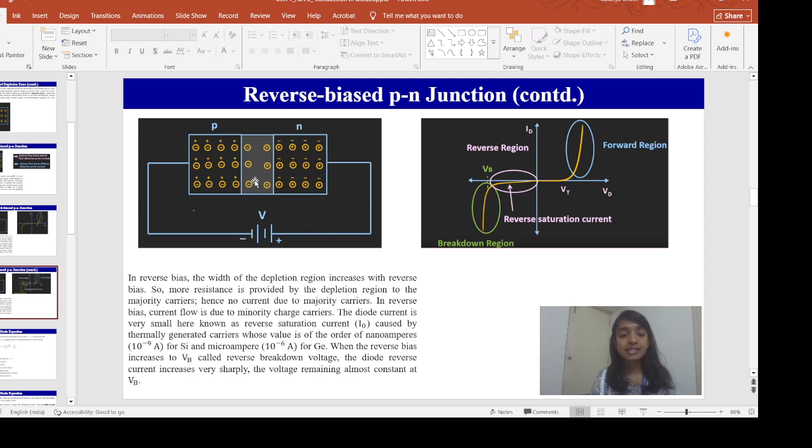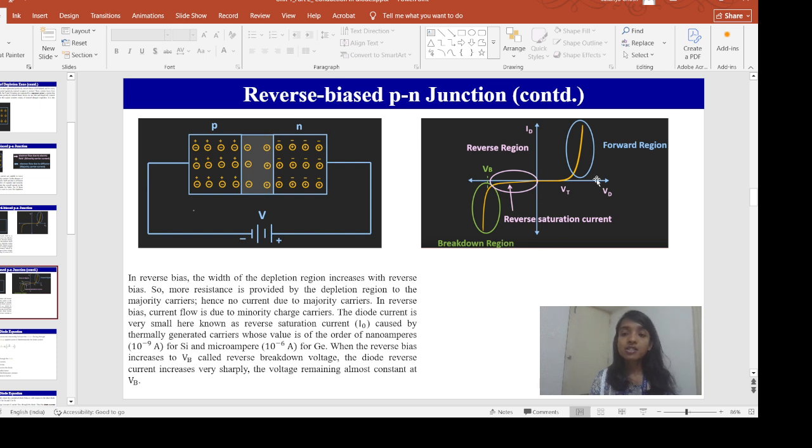Okay, and this current is in the order of nanoampere, 10 to the power minus 9 ampere or 1 nanoampere in case of silicon, and it is in the range of microampere or 10 to the power minus 6 ampere in the case of germanium.